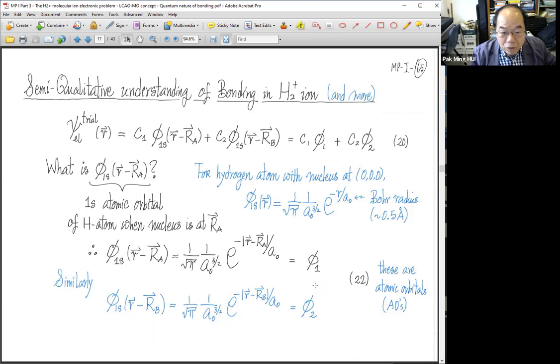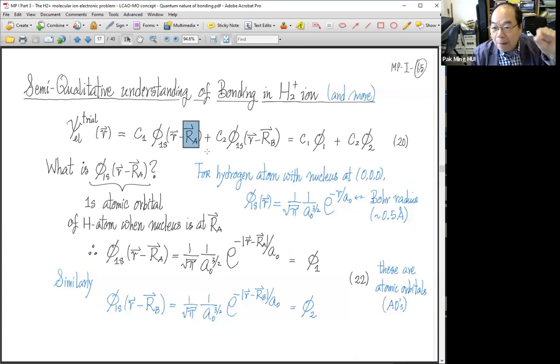So our trial wave function is C1 phi 1, left-hand 1s, plus C2 phi 2, right-hand 1s. Here I want you to notice explicitly phi 1 is hydrogen 1s, but it is centered at a place called capital vector RA.